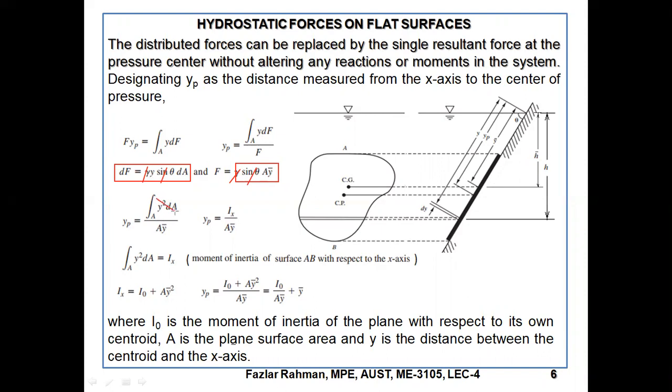You get y square dA at the top. And at the bottom, what will remain? A y bar. So finally we get integral of y square dA divided by A y bar. Now, what is the y square dA? Anyone? What is the moment of inertia?